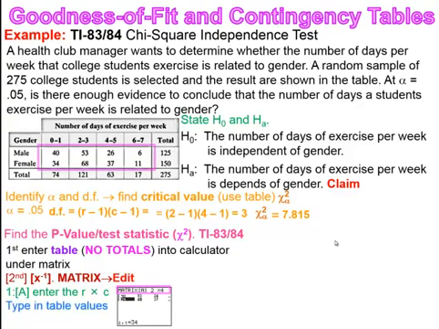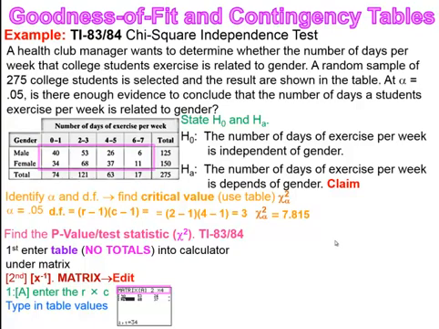Then it's going to have a blank table that you're going to fill in with this data. You're going to start by typing in the first row, which is 40, 53, 26, and 6. Then you're going to type in the second row, the 34, 68, 37, and 11. Now, make sure the numbers at the very top are correct, that you have 2 for the first option and 4 for the second.